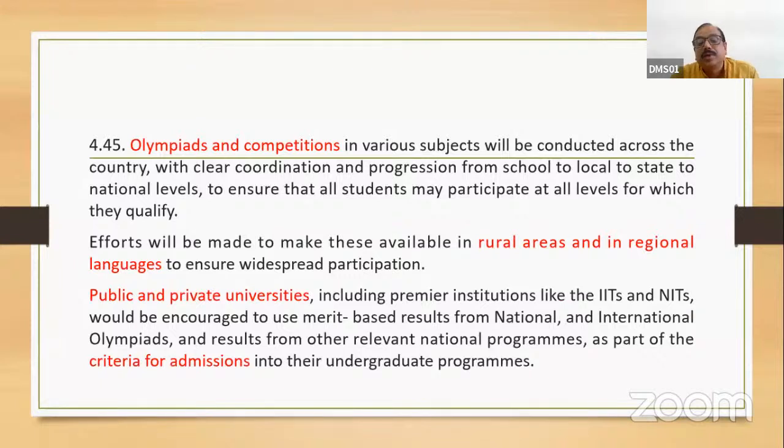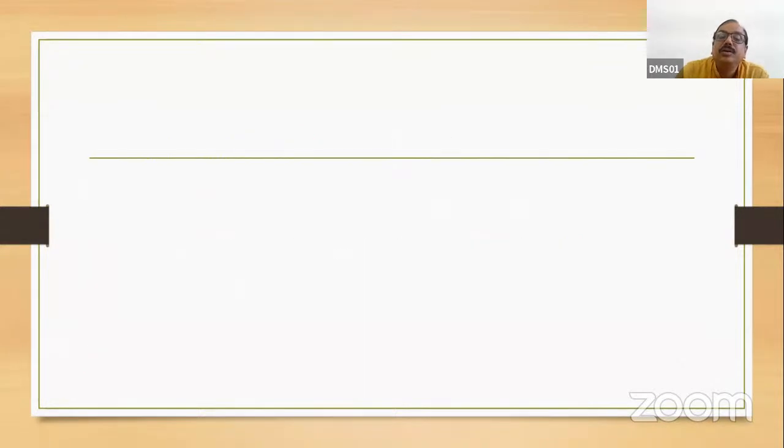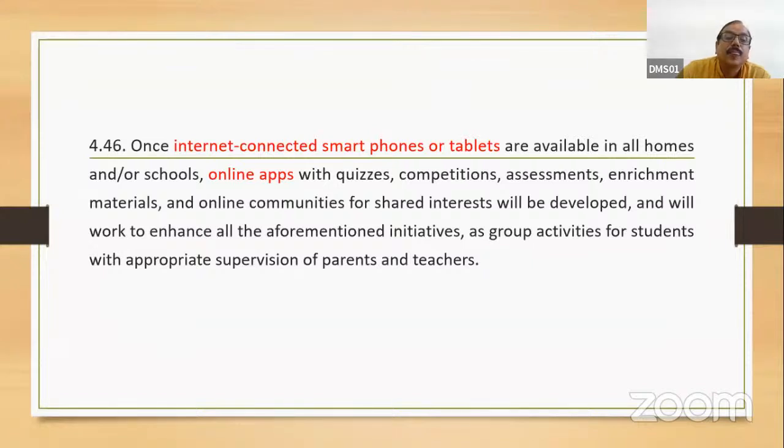And again, private and public universities, premier institutions like IITs, NITs will be encouraged to organize summer camps, and they can induct these students for short-term courses and enrich them, to expose them to the varieties of advancement in their institutions and develop their interest in those areas. So that can be looked into by the respective areas.